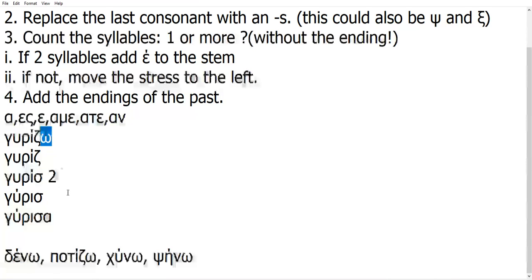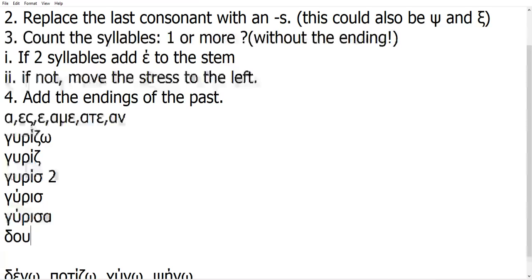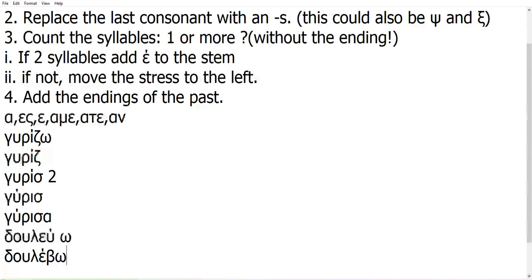a consonant. Now, some people get confused here because you have verbs like δουλεύω, and they're like, wait, but this is not a consonant. Well, actually here it is pronounced like a consonant. So yes, this is your ending, which is a vowel in this case. This is your stem, and this stem ends with a V sound. This is a consonant. I could write this in Greek like this.